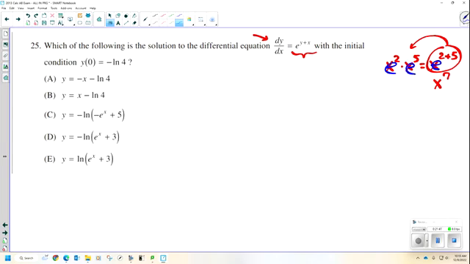But we don't have 2 and 5, we have y and x, so it's like e to the y times e to the x. So this is going to be e to the y times e to the x equals dy dx.